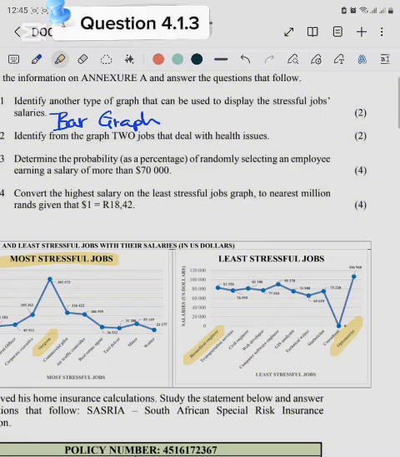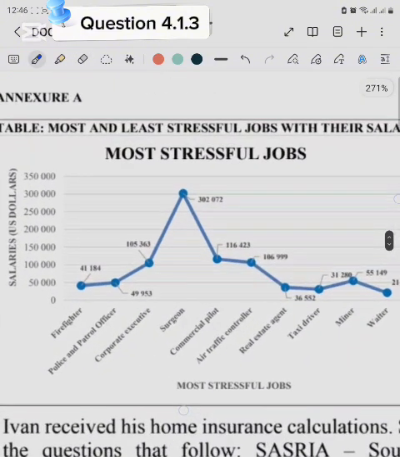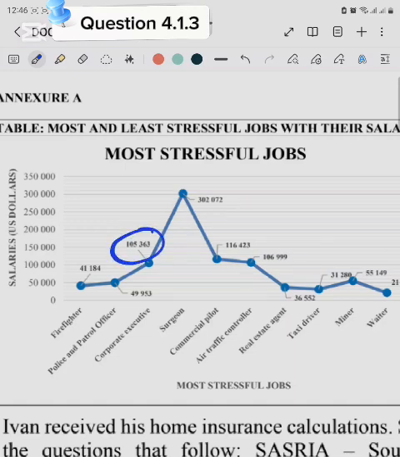Then 4.1.3 asks you to determine the probability, as a percentage, of randomly selecting an employee whose salary is more than $70,000. So again, we need to look at our graph and see how many employees earn a salary above that amount. So when we go to our graph, how many do we have? Well, I've got 1, 2, 3, 4.